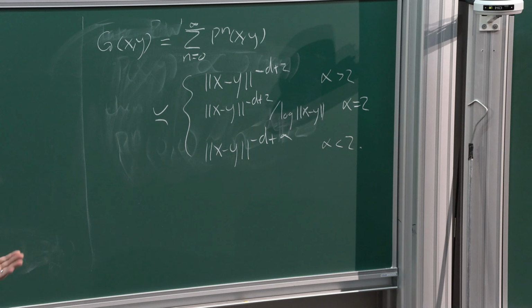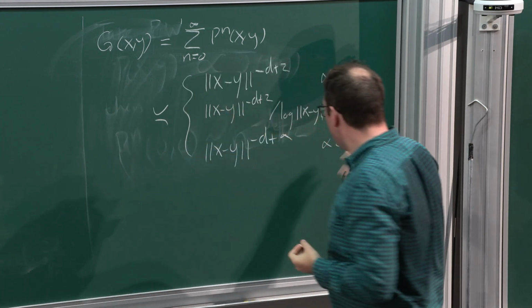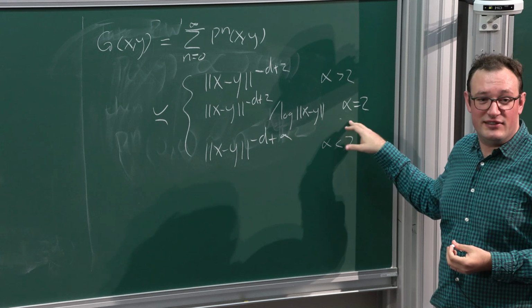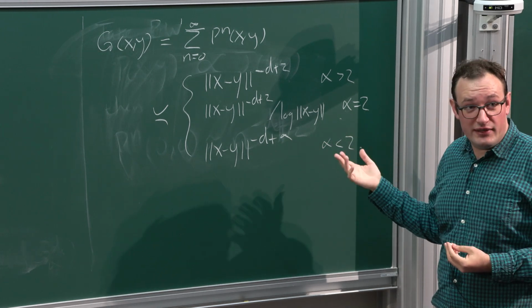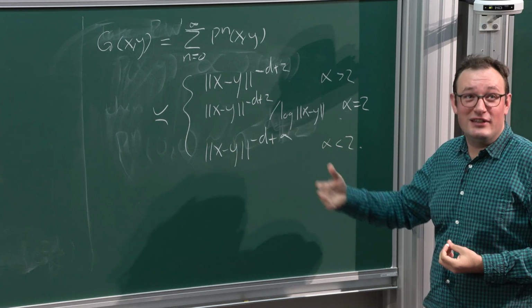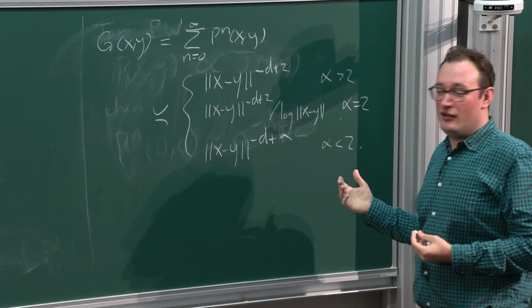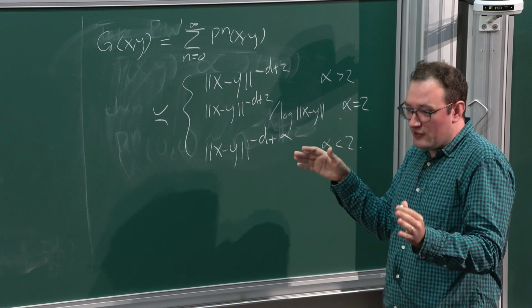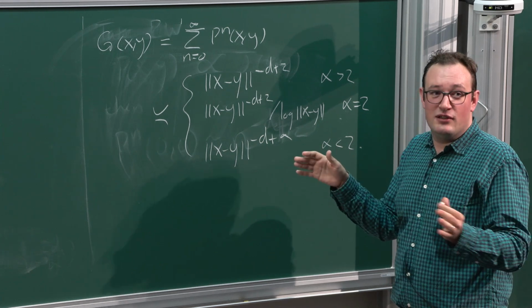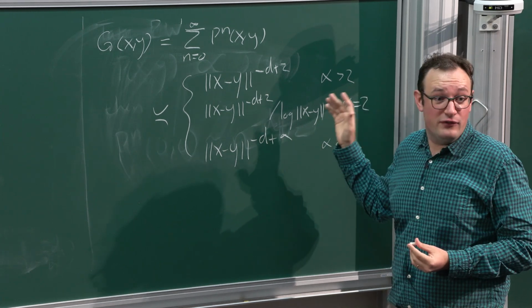So in particular, for random walk, this transition between being effectively long range and effectively short range always occurs when alpha is equal to 2. Okay? And what happens is that in the boundary case, when alpha is exactly 2, you are still effectively short range, but you're marginally effectively short range, meaning that the convergence to being short range, like to Brownian motion, is very slow, for one thing.